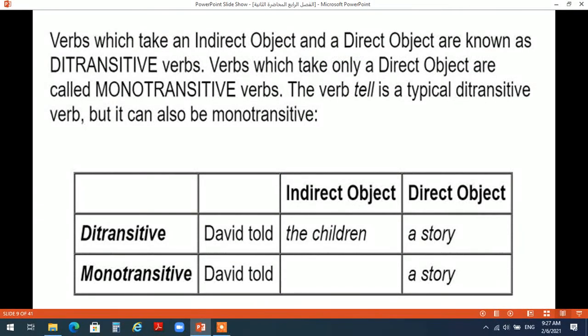As for the second sentence, which is David told a story, here as you see, the verb told is regarded as a monotransitive verb because there's only one object in the sentence, اللي هو a story, which is a direct object, of course. So it will be treated as a monotransitive verb.